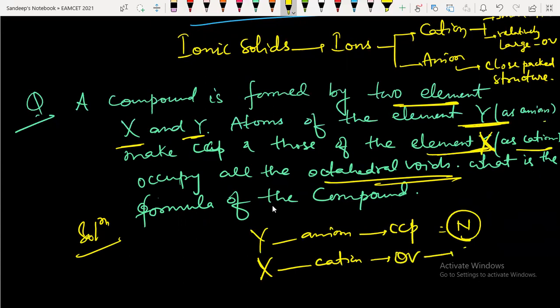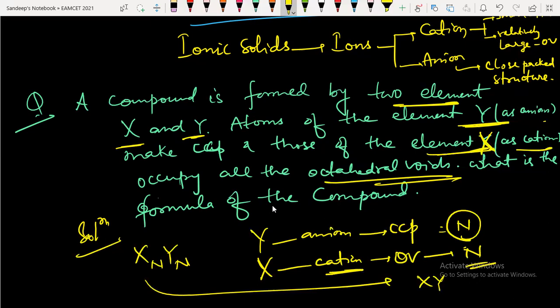That means the number of octahedral voids will also be n. So X and Y both are n, and the cation is written first. Therefore, the formula of the compound will be XY. So XY will be the answer because both have the same number.